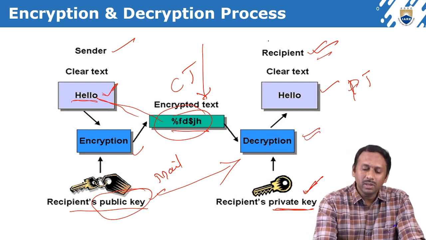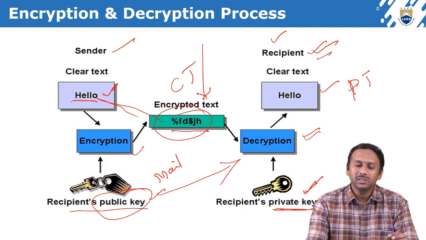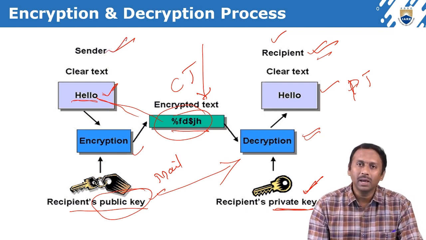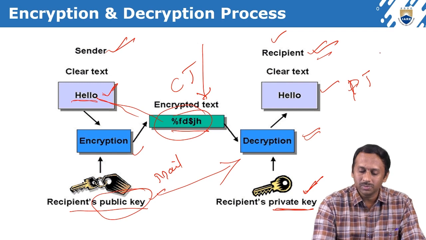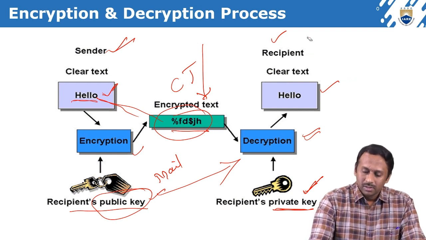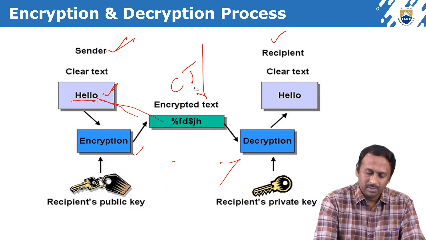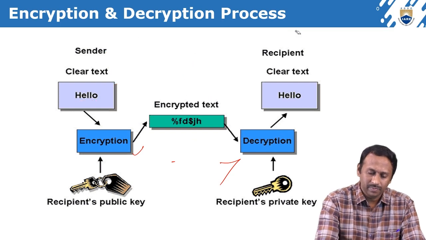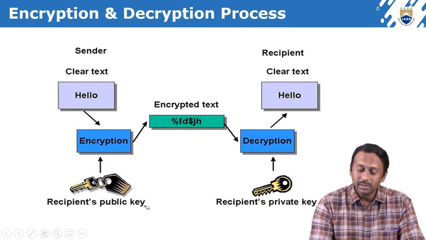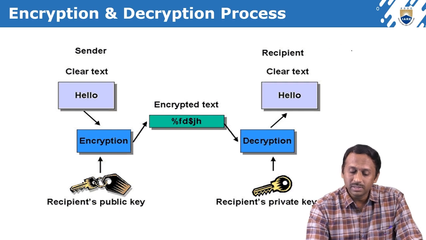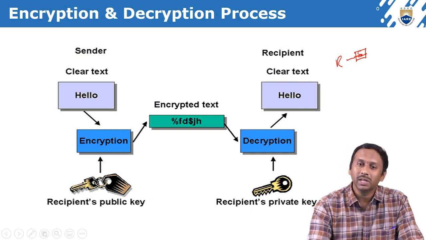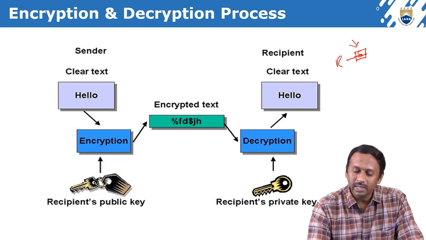For example, now the recipient wants to send a message to the sender. What will happen? Now the recipient is going to transmit a letter. First they perform the encryption. The recipient encrypts the letter with a key. Whose public key?